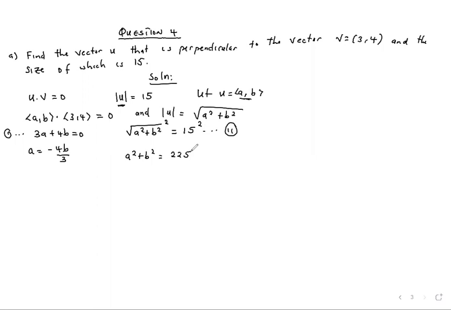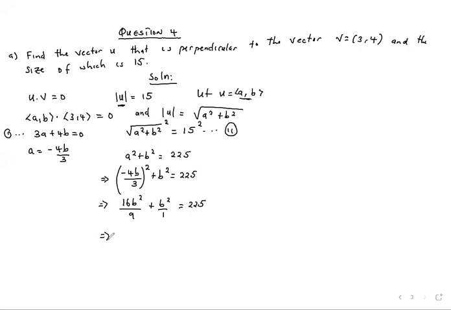Then where there is a, we substitute negative 4b over 3, squared, plus b squared is 225. So we'll have 16b squared over 9 plus b squared over 1 is 225.